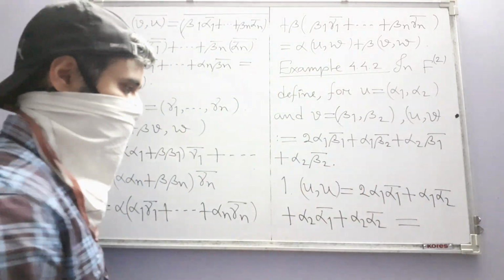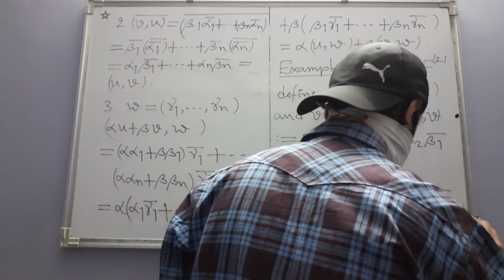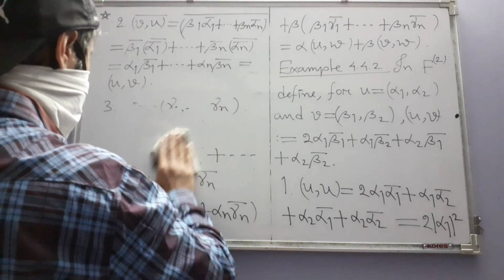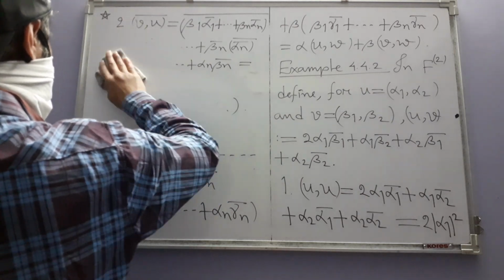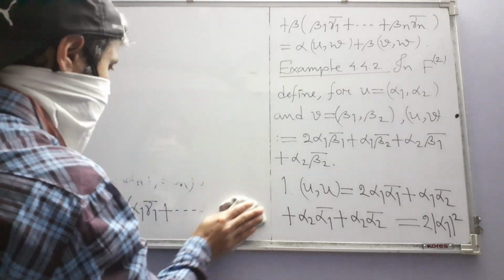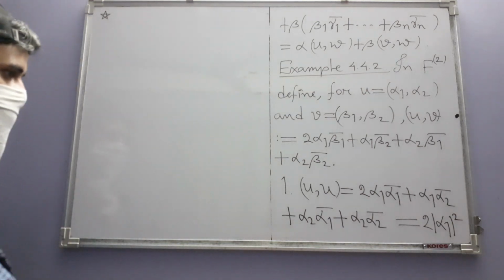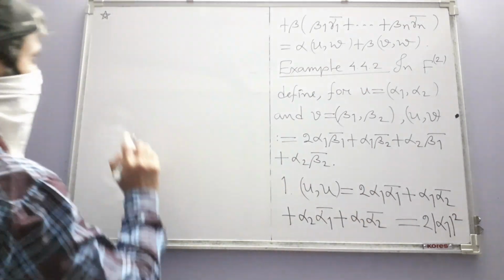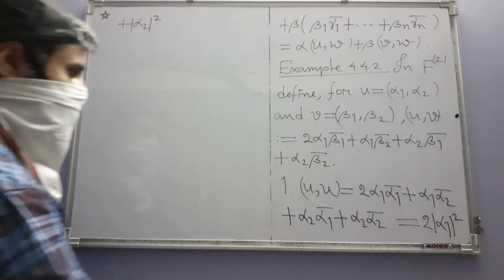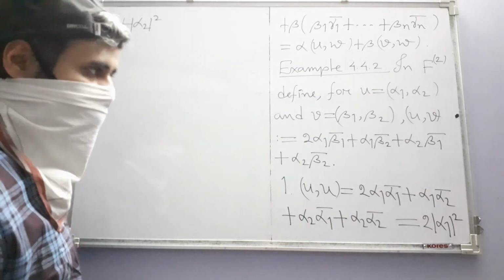The first term will give us no problem because it is itself a non-negative real number. It's the square of the absolute value of alpha 1. The last term also is one such term. But what about this one? Alpha 1 alpha 2 bar plus alpha 2 alpha 1 bar.